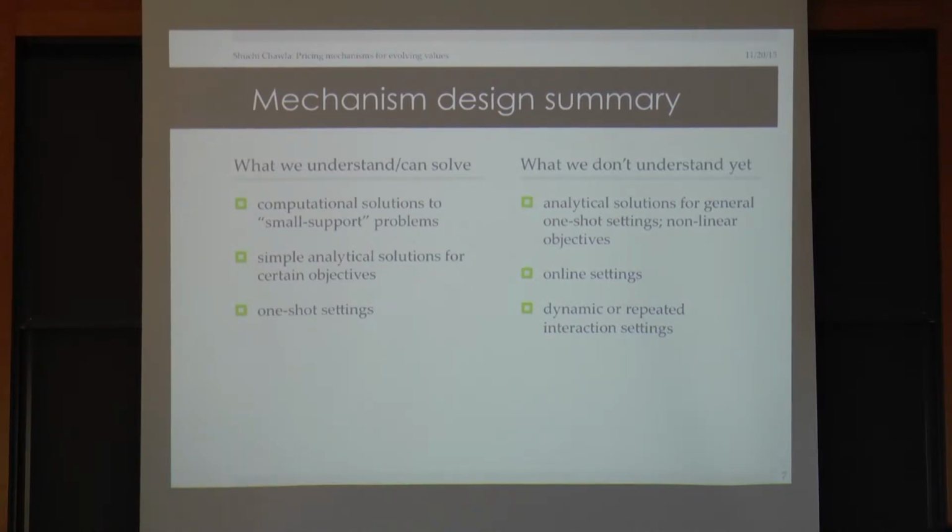How understood is that in economics? I mean, I've seen things like repeated games that have been around for a long time. Yeah, so I'm going to focus on this for the rest of the talk, so I'll come to what's known and what's not. There's a lot of work on repeated games. Here we're really talking about online mechanism design problems similar to online algorithm problems, where you're trying to solve this optimization for a system that's running over time or ongoing, and so it's different from a setting where you have the same game being played over and over again among the same participants.